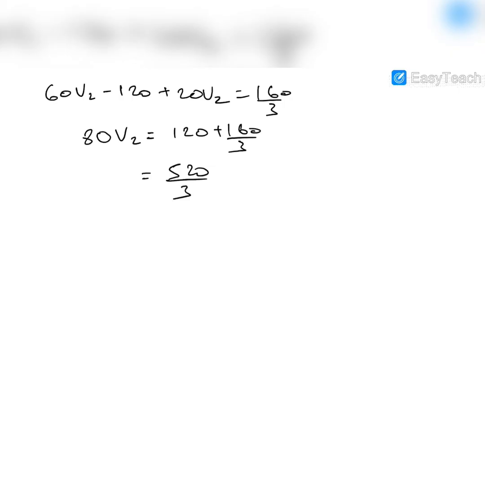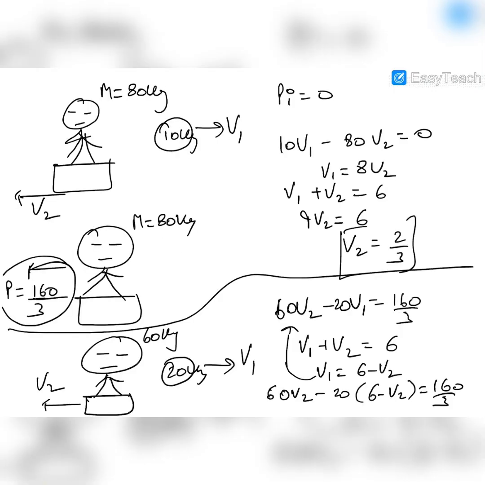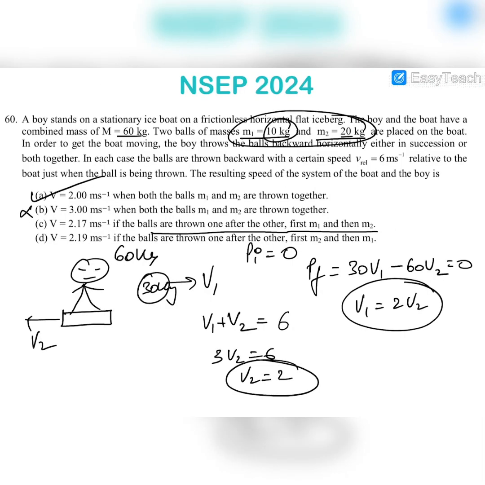So 520 by 3 is 80 v2, so v2 will be equal to 13 by 6. 13 divided by 6 is 2.1666. So this will be the correct answer.